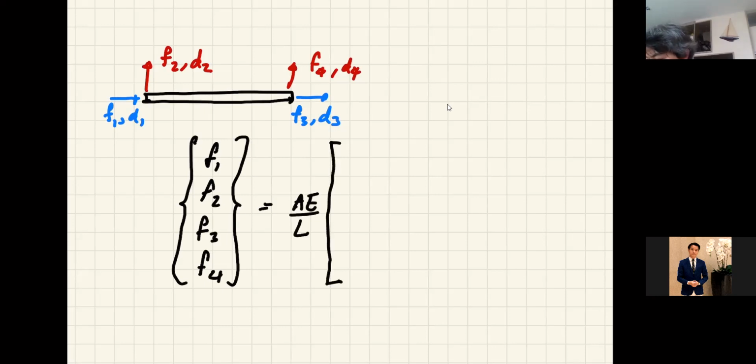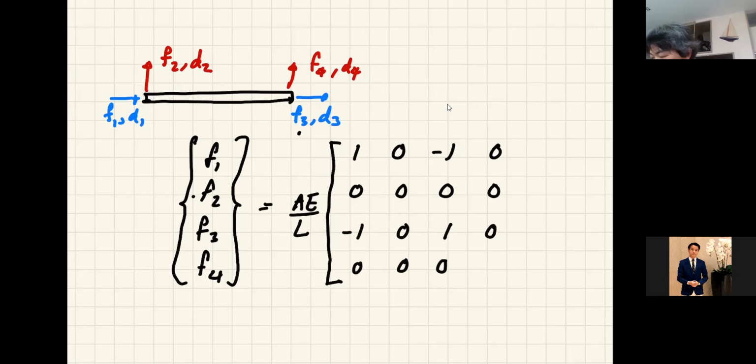You have 1, corresponding 1. 2, you don't have anything. 3, it's -1. And then 4, nothing. Right? And in the 2 direction, it should be all 0, 0, 0, 0. And then when it comes out to 3, it's -1, 0, 1, 0, and then 0, 0, 0, and 0.